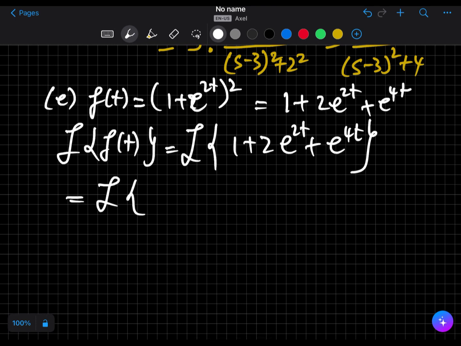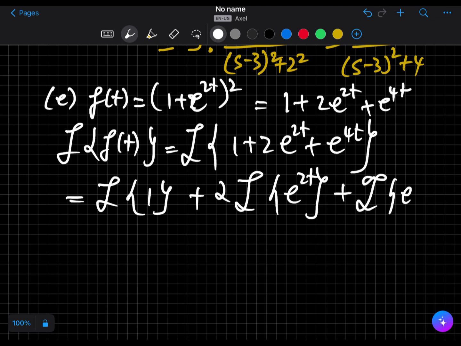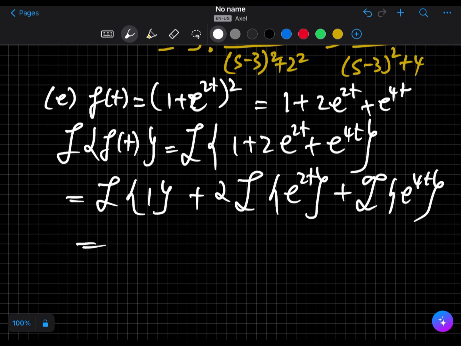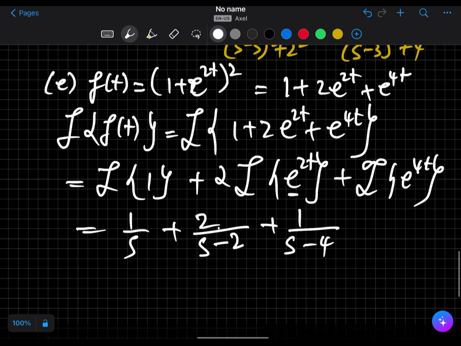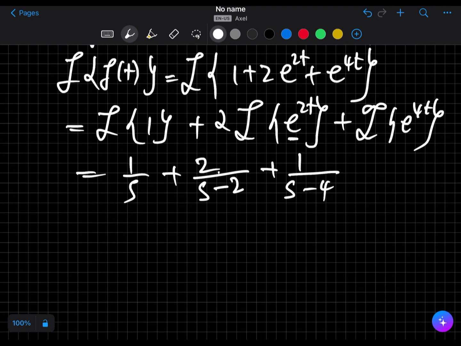Applying the linearity of the Laplace transform, using the Laplace transform table, this is 1 over s plus 2 times 1 over s minus 2 plus 1 over s minus 4. So this is the Laplace transform of the function.